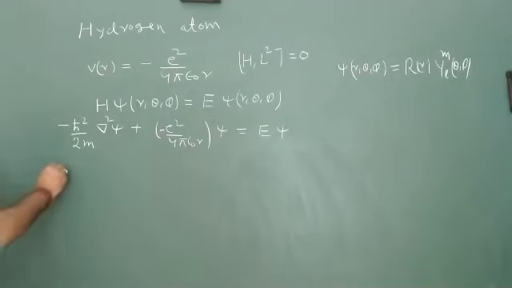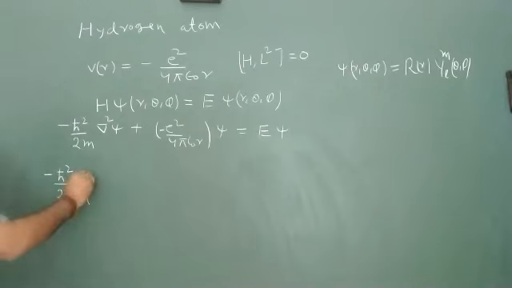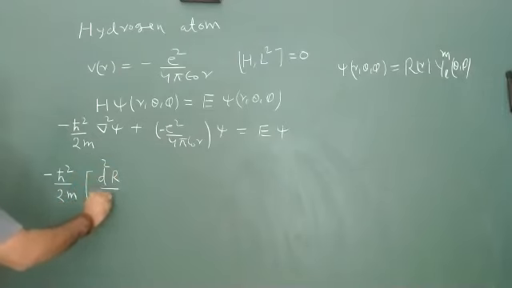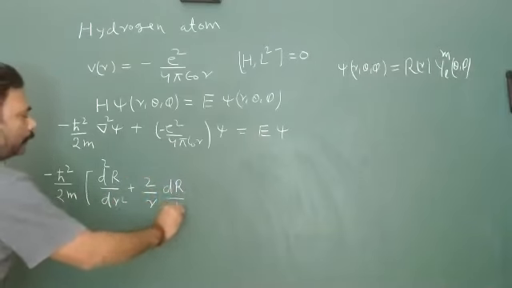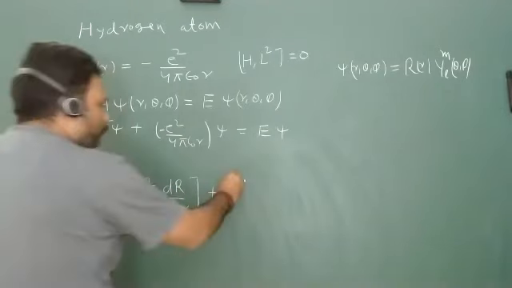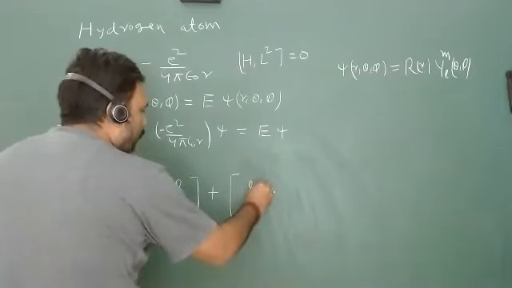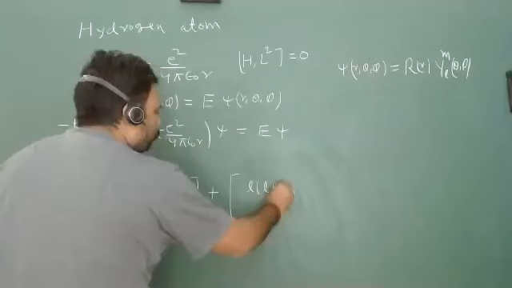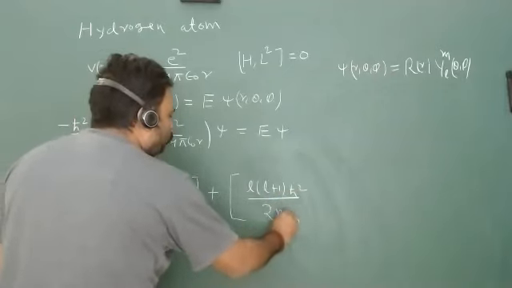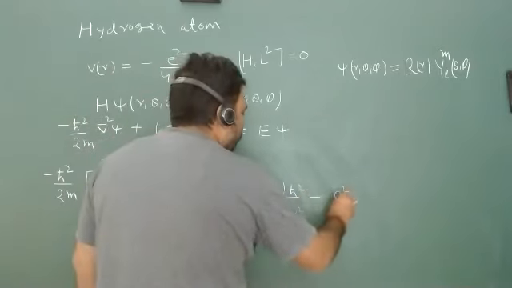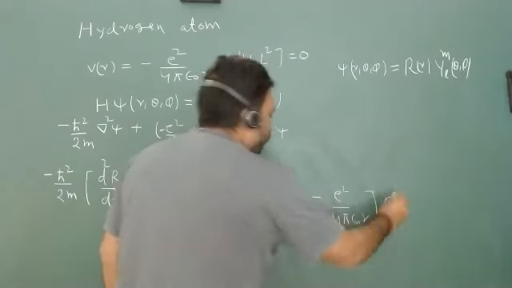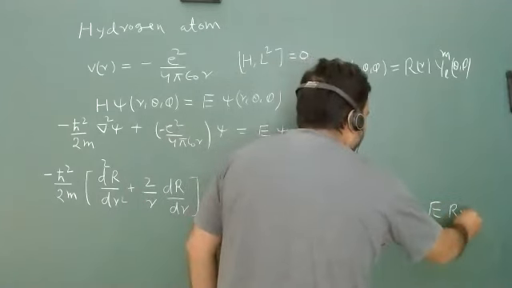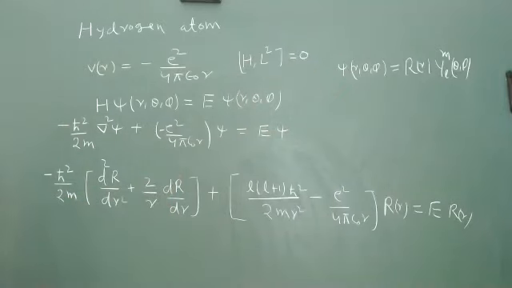So what will be the radial equation? The radial part of the wave function satisfies h cut square upon 2m times d square R upon dr square plus 2 upon r dR upon dr, plus you have the centrifugal term l into l plus 1 h cut square upon 2 m r square, minus e square upon 4 pi epsilon naught r, acting on the radial part R, equal to E R. So we have to solve this differential equation.